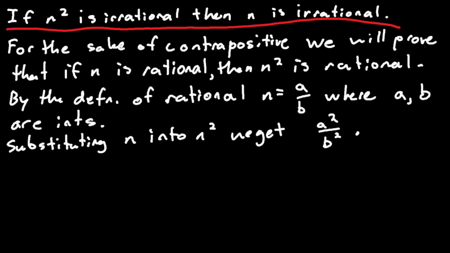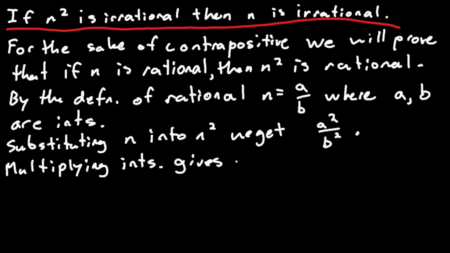Well, the definition of a rational number is an integer over an integer. So we need to state that a squared and b squared are also integers. What rule do we use for that? Well, we use the integer axiom. So let's say multiplying integers, or technically squaring them as well, ints gives ints, where a, b are, hold up.